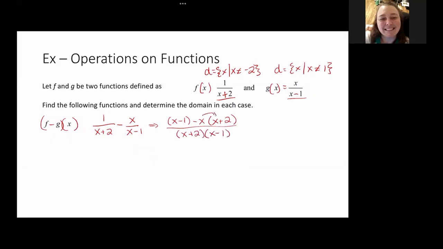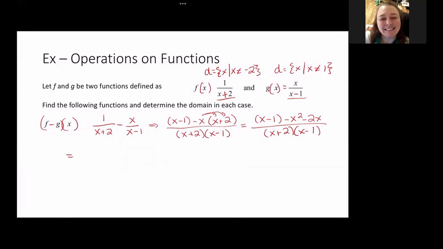Let's do our little distribute. Minus x squared minus 2x, all over x minus 1. Okay, let's combine some of those terms.